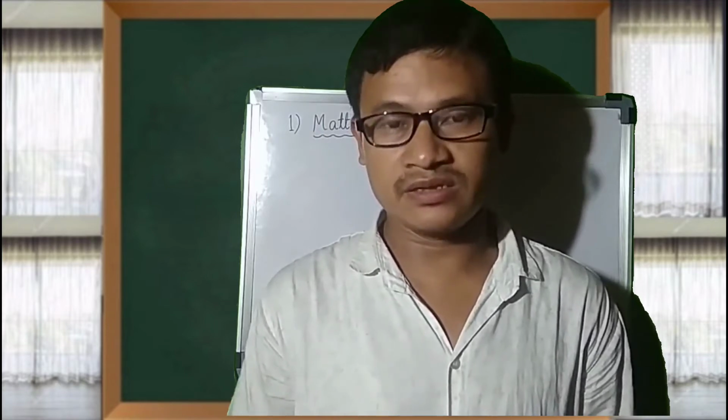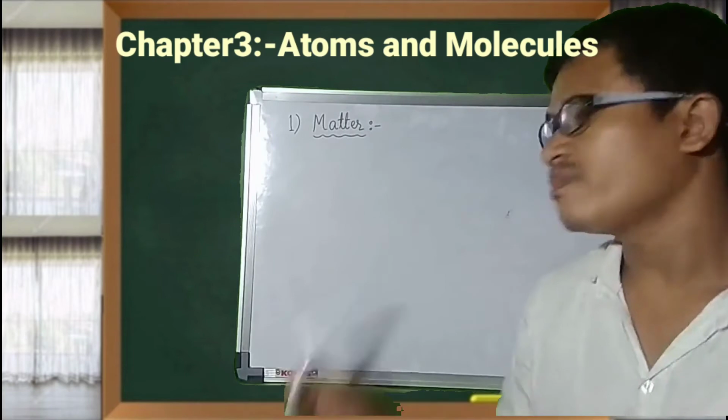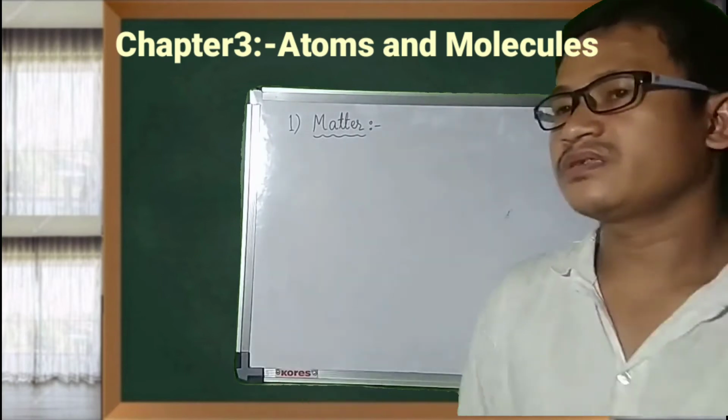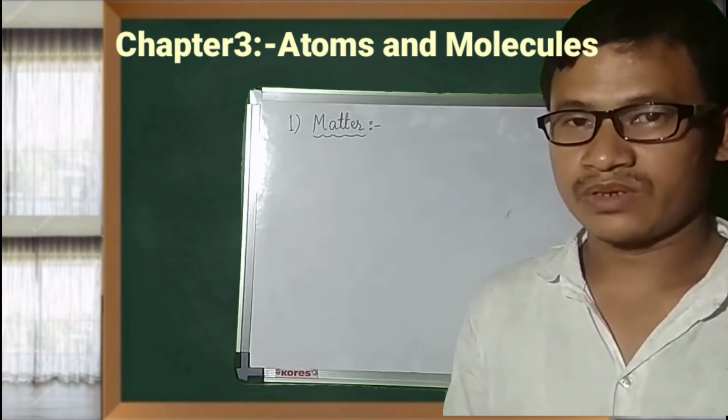You see many things like pen, paper, books, clothes, bags, etc. So actually each and every thing or object by which we are surrounded can be called a matter, and a matter always occupies some space, and every matter has a definite mass.